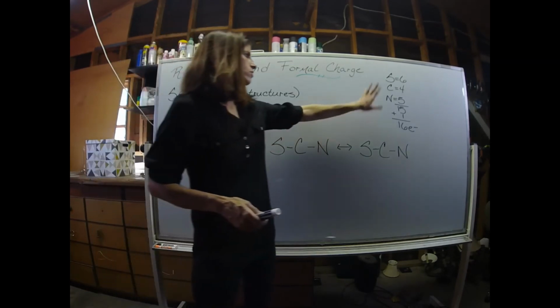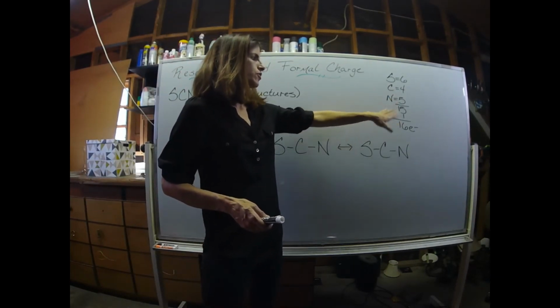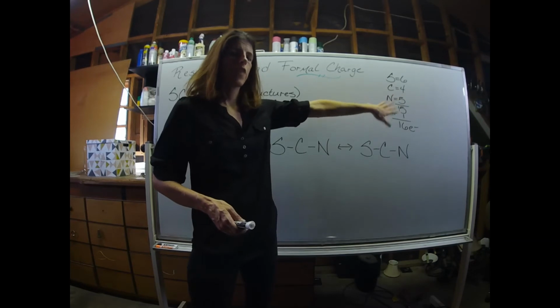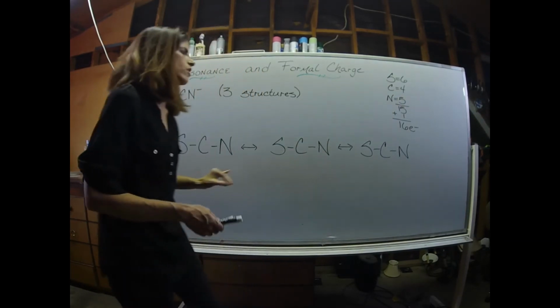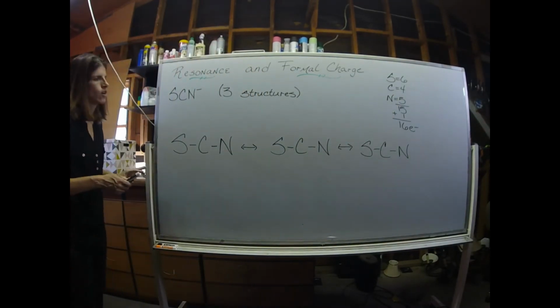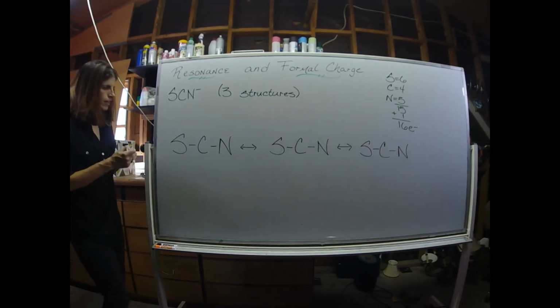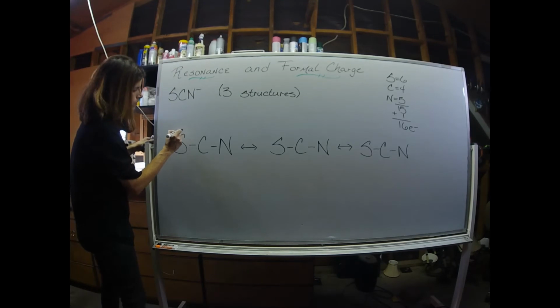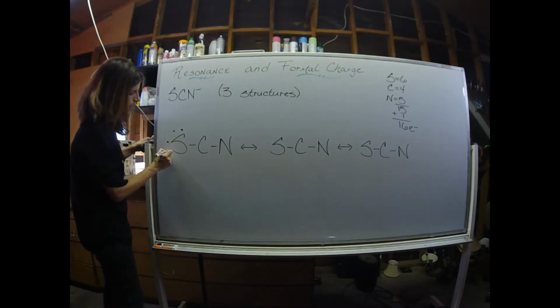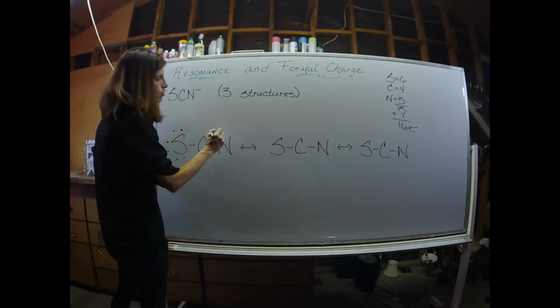I have also gone ahead and done the electron math. So for the thiocyanate ion, we have 16 electrons to work with. Let's get started. I'm looking at sulfur right now, it has 2 electrons. Let me put another 6, get it up to that octet. 2, 4, 6, 8. Nitrogen has 2.